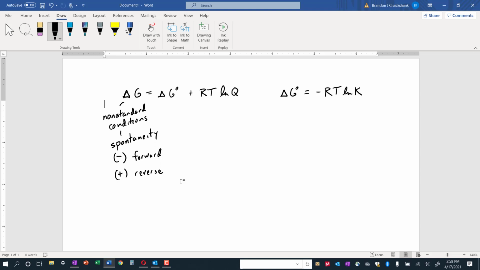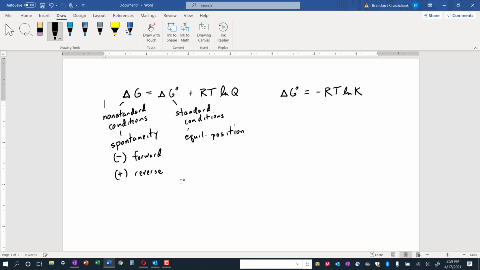Now, the standard state delta G, standard conditions. Again, standard conditions: pressure of any gases present would be at 1 atmosphere, and any solutions present would be 1 molar. That does not tell us spontaneity. What that tells us is equilibrium position.